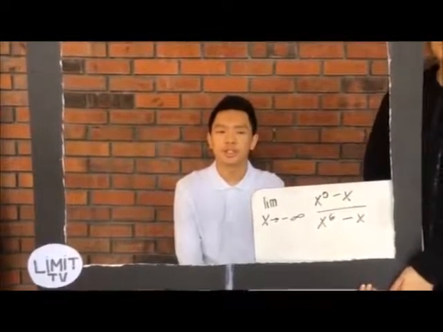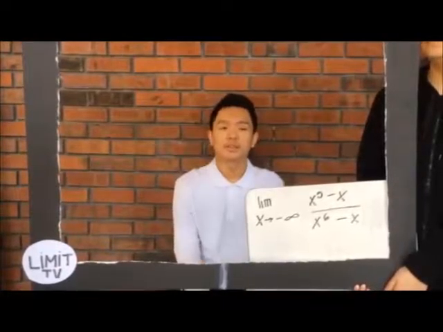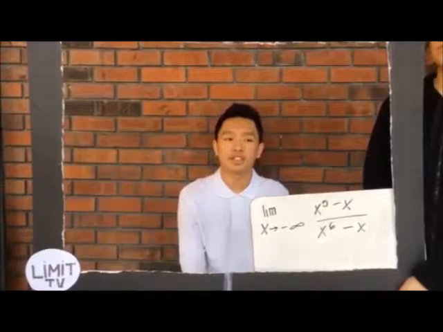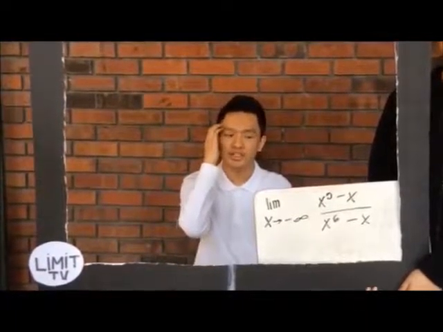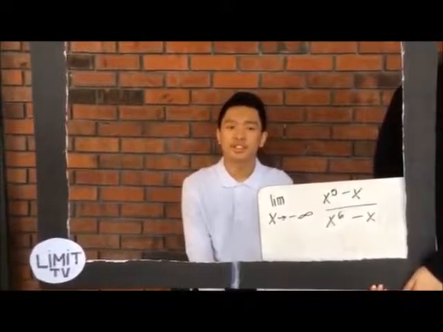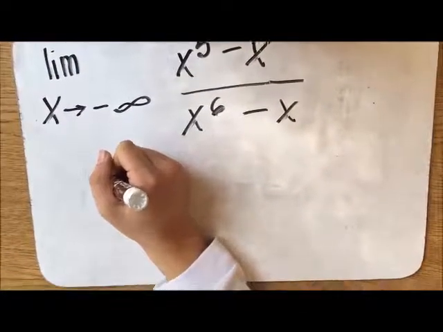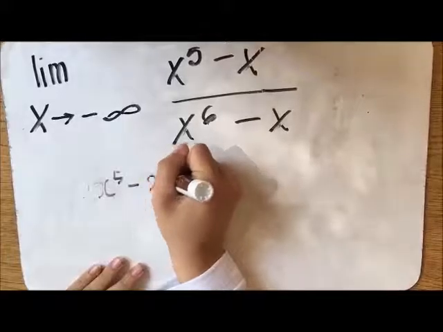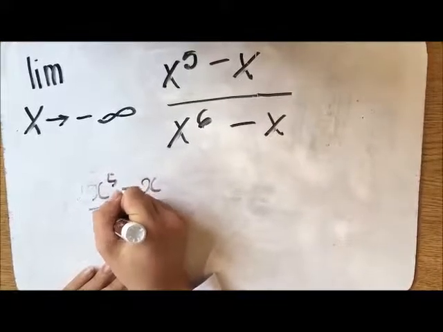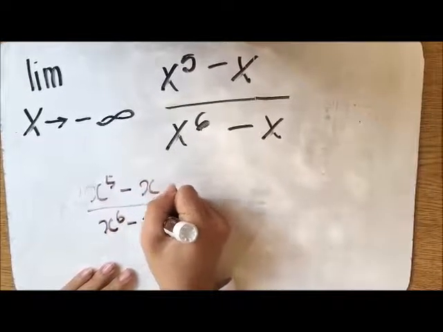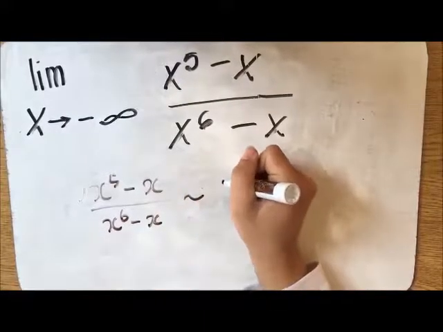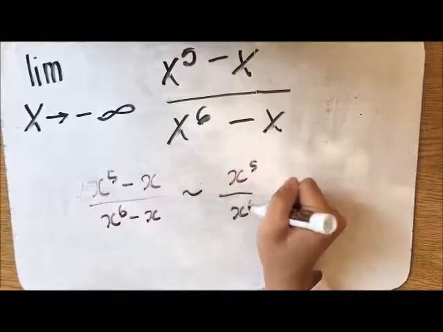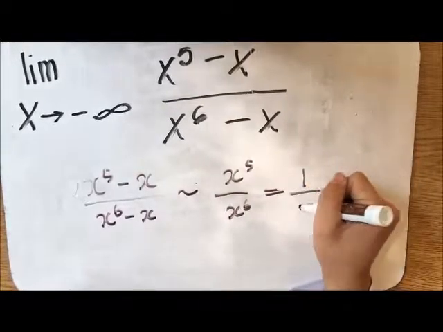I'm going to be doing another limit, and it is the limit as x approaches negative 15 of x to the power 5 minus x over x to the power of 6 minus x. First, we notice that x to the power 5 minus x over x to the power of 6 minus x is asymptotic to x to the power of 5 over x to the power of 6, which is equal to 1 over x.